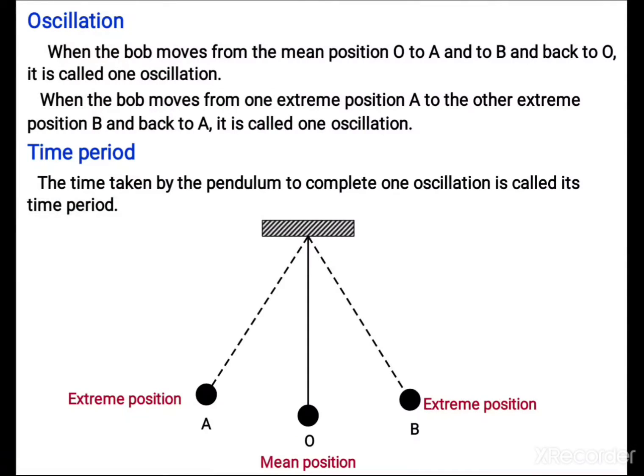When the bob moves from one extreme position A to the other extreme position B and back to A, it is called one oscillation. Time period: the time taken by the pendulum to complete one oscillation is called its time period.